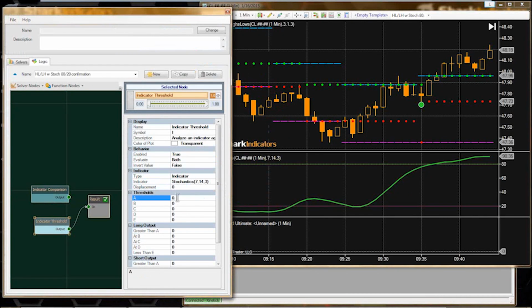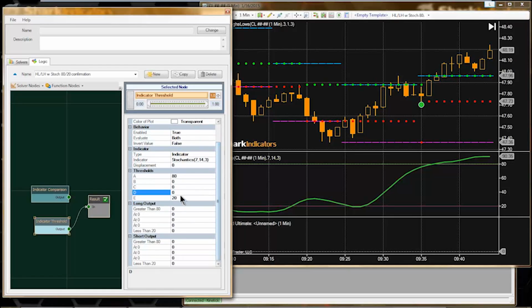So we're looking for the 80%, and we're also looking for the 20%. Keep in mind, as Daniel has stated, these numbers have to be in descending order, so I can't leave these zeros in here because they're no longer in descending order with the 20 right here. So I'm going to pick a number in the middle.